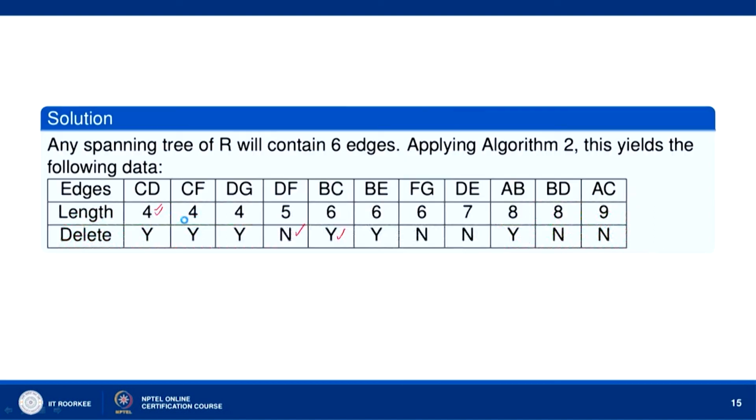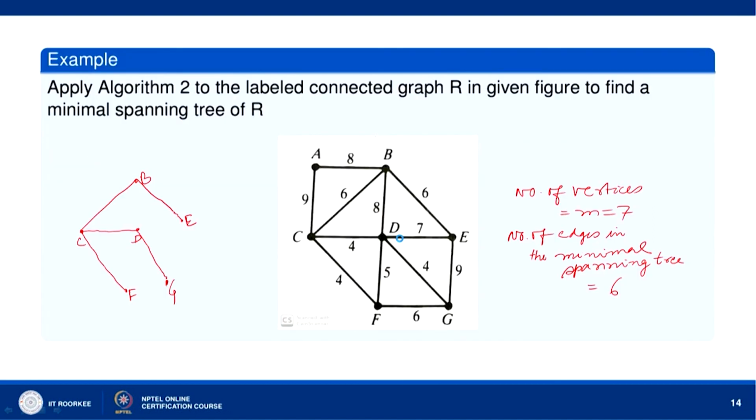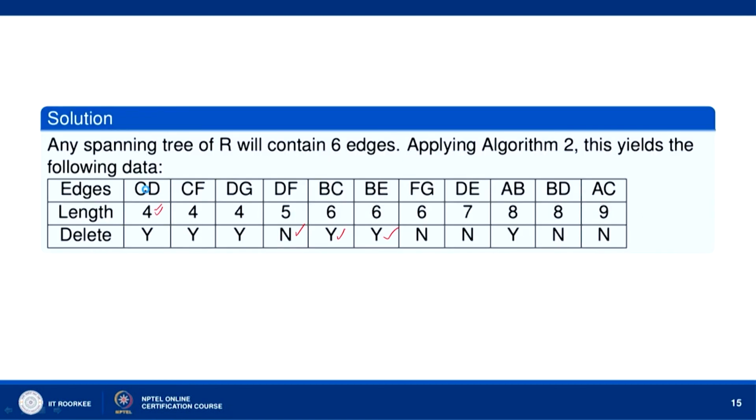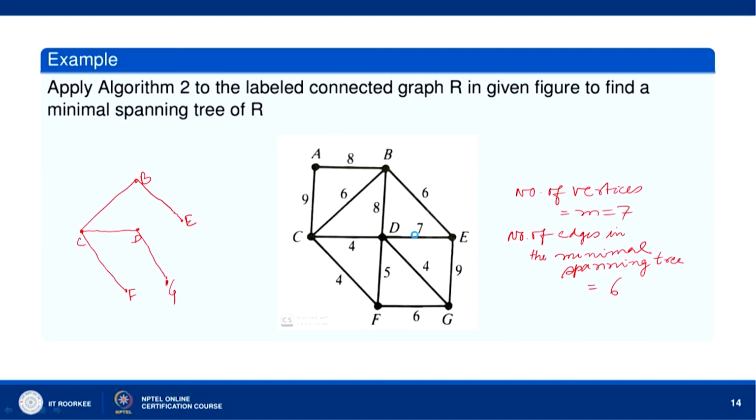Now, how many have we added? 1, 2, 3, 4, 5, one more is to be added to this graph. Then we have FG, can FG be added? If we add FG, you see what happens, a cycle is formed. So, we cannot add FG.